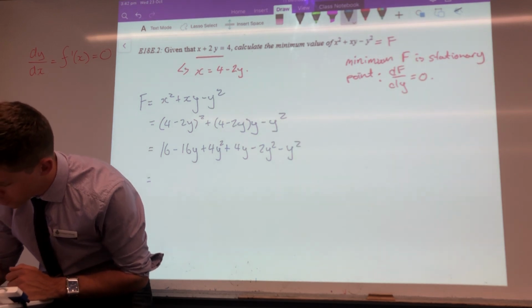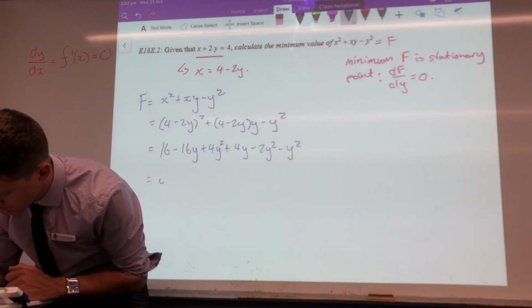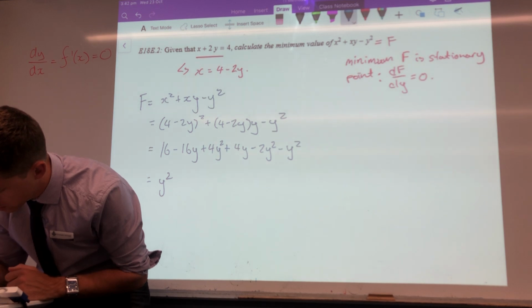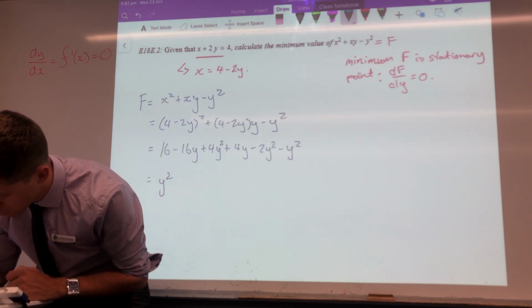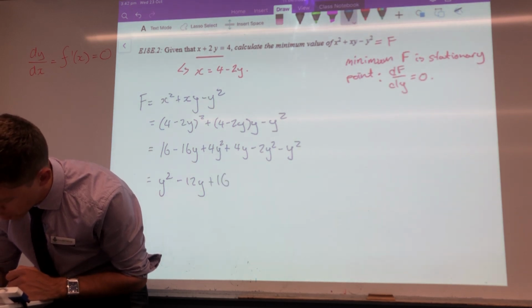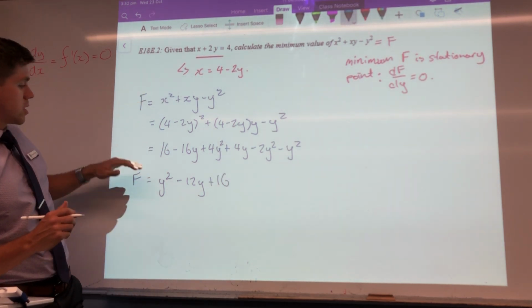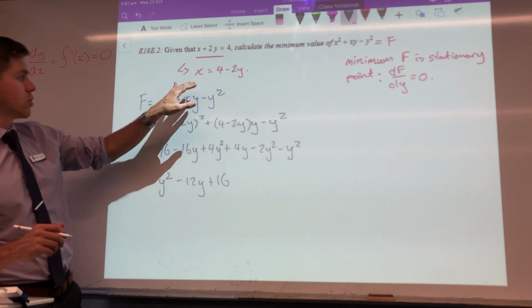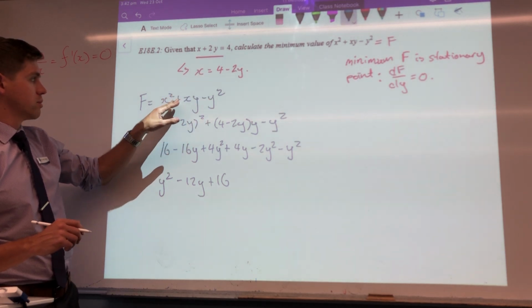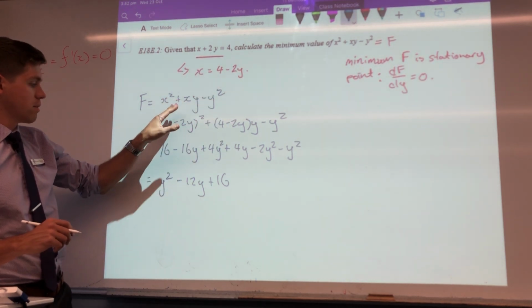So this all simplifies to y squared minus 12y plus 16. So this is the same as this, where we've just substituted in an expression in place of x.